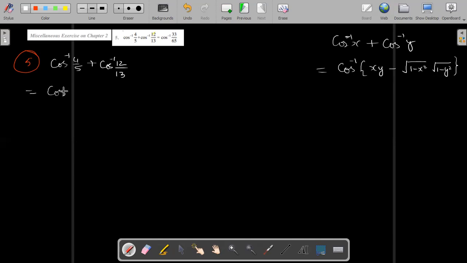So this will become cos inverse x into y. X is 4 by 5 into y. Y is 12 by 13. Okay.